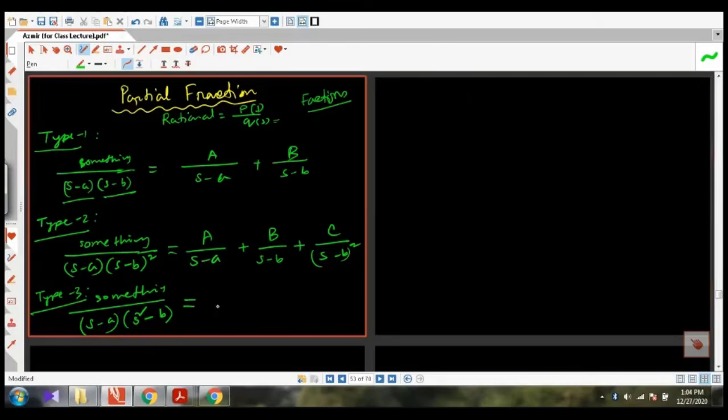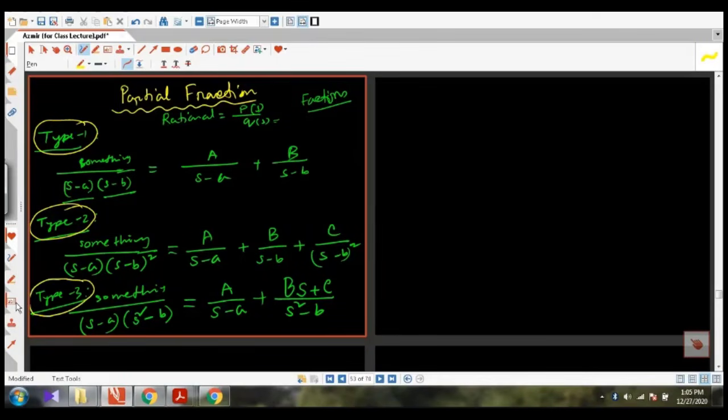Think about the first factor, (s - a). It will come up with a constant because it is of power 1. That's why it is called linear factor. So A over (s - a) plus, for the s squared factor, we have to come up with (Bs + C) over it. So these are the types of partial fraction. I hope you have learned these three basic types from your previous math course. Yes, sir. Okay?